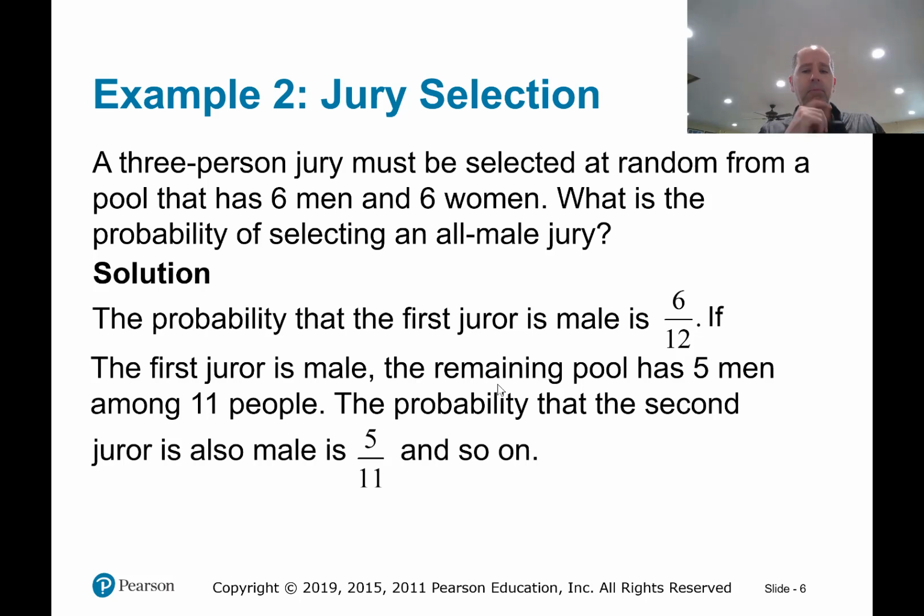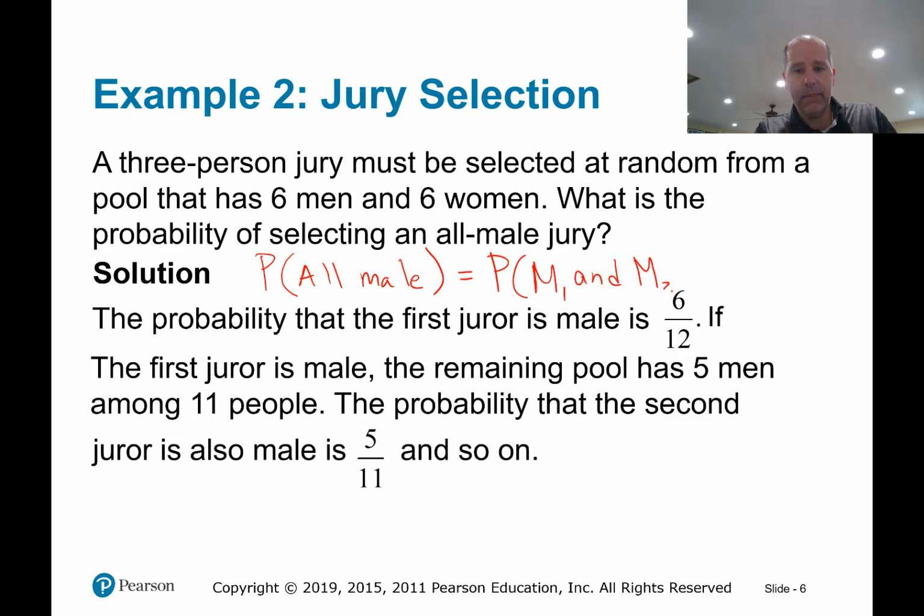I'm selecting 3 people, so the probability that they're all male is equal to the probability that the first person I select is a male and the second person I choose is a male and the third person I choose is a male.